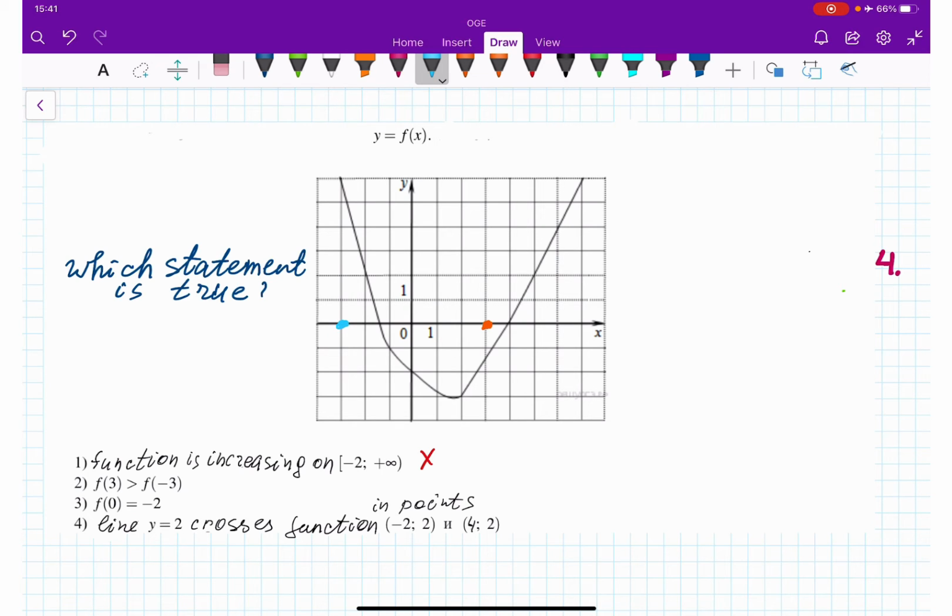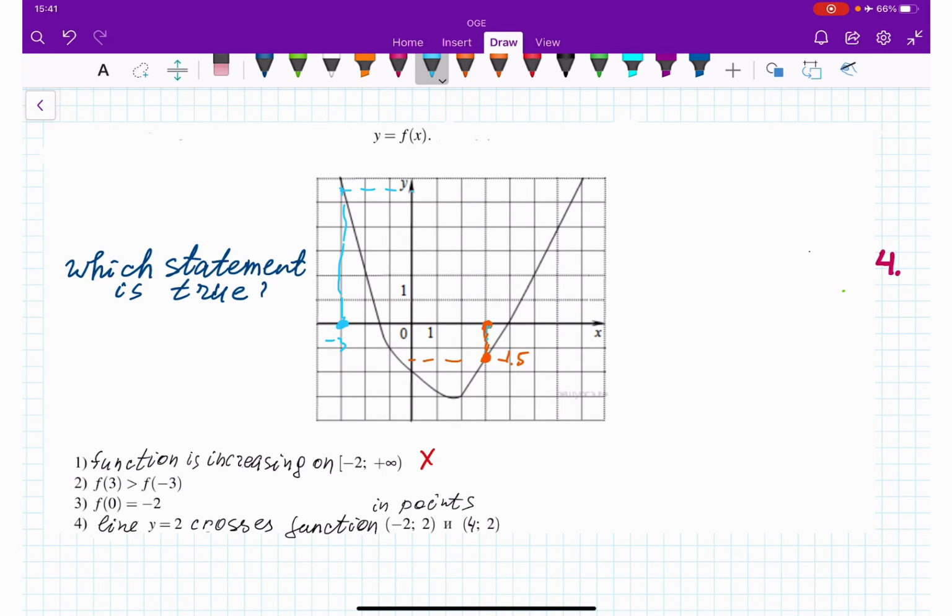So what is the value of y here? F of x here, it's something negative, -1.5, right? Yeah. And the y here, this is -3. It's positive, high positive.